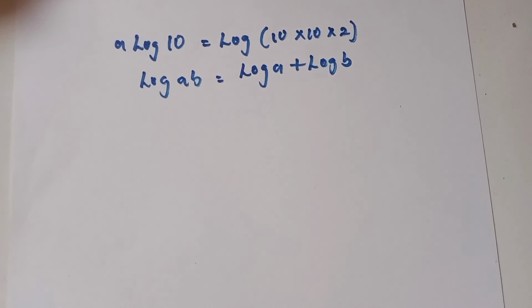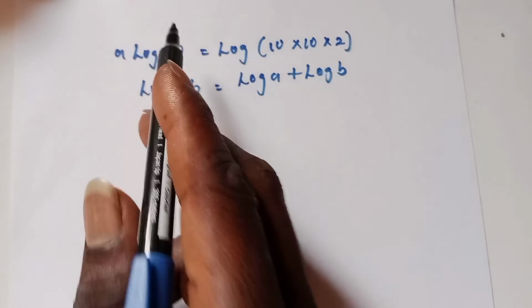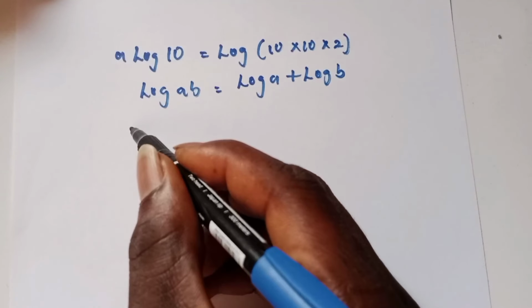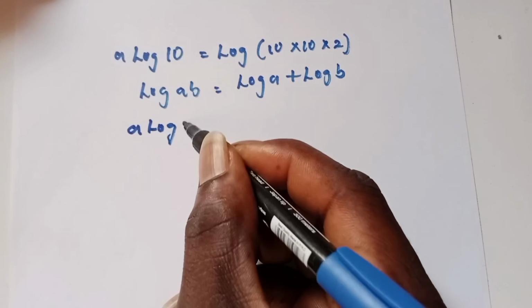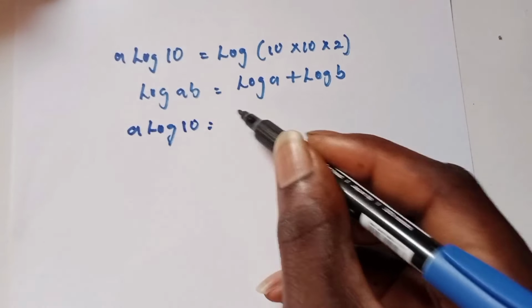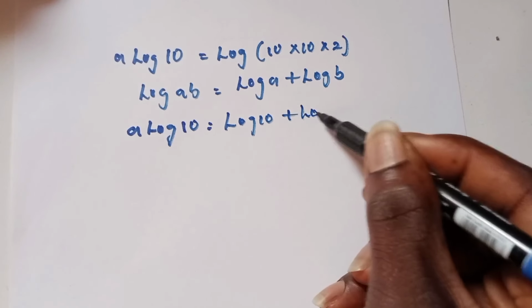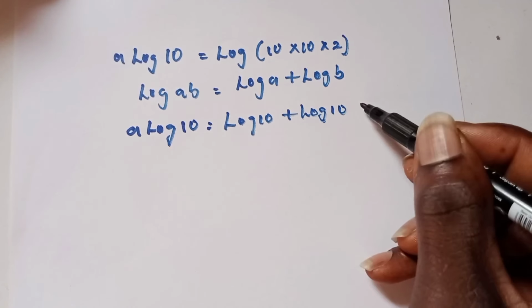Now, our equation becomes a log 10 is equal to log 10 plus log 10 plus log 2.